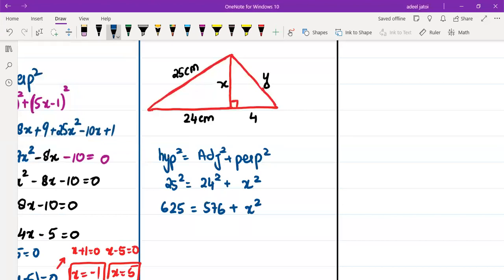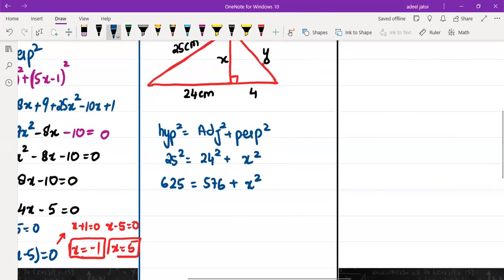Now, such questions will always want you to use a calculator. So this is 625 minus 576, x square on the other side. So 625 minus 576, your value will be 49, which means x square is 49.